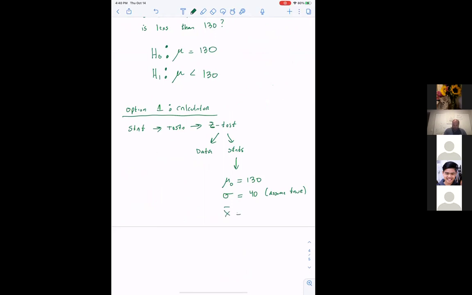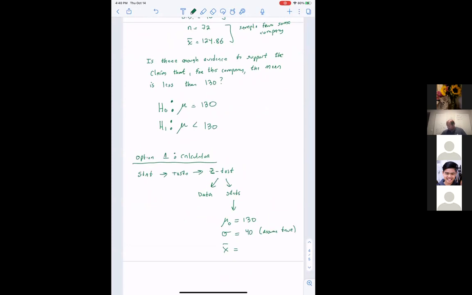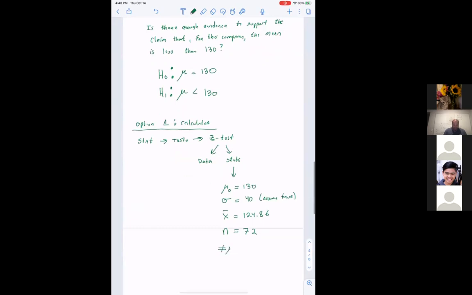What is X bar? $124.86. What is N? 72. Next, is this a not equal to mu naught, a less than mu naught, or a greater than mu naught situation?